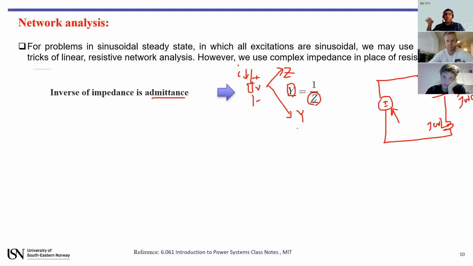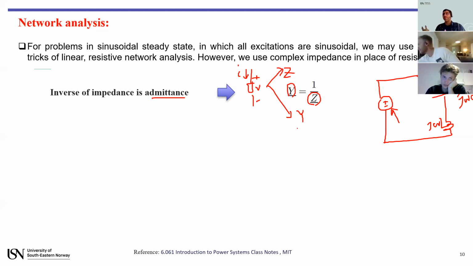Do you remember the last session we talked about which type of method you can use for the analysis of the circuit? You can use the node method, you can use the mesh method or loop method, but it depends on your preference. And here again, we can represent each element of the power system with Z or Y, depending on your preference.